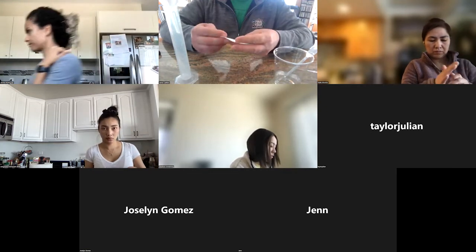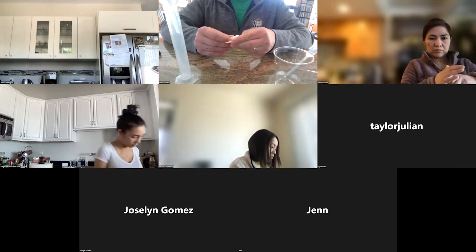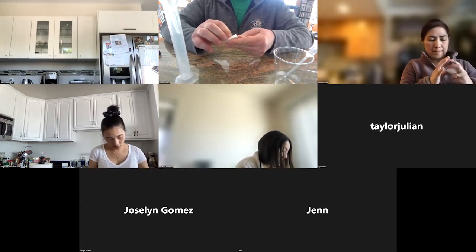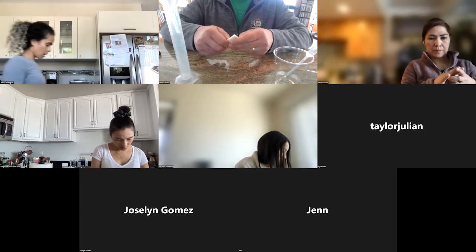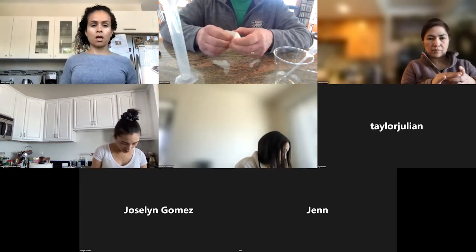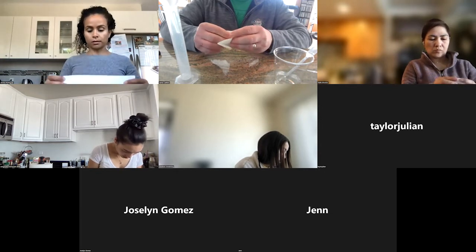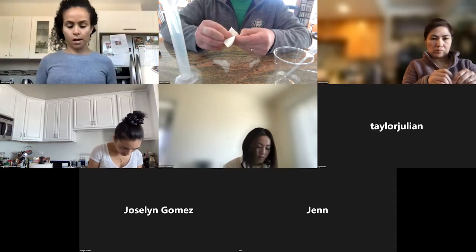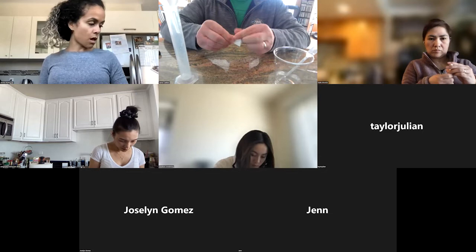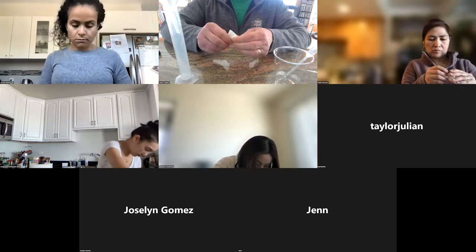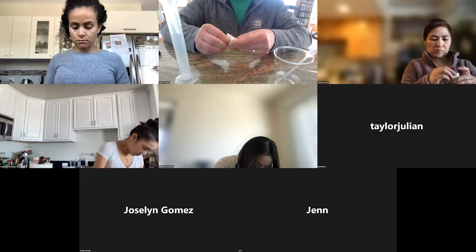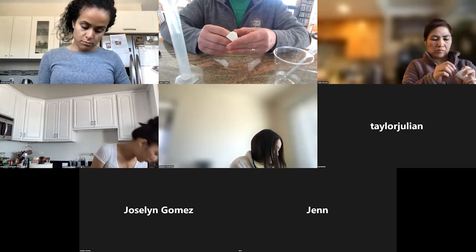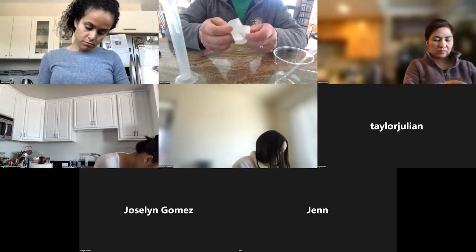Or if you're feeling daring, you can fold it a few more times and make a fluted filter, like this.